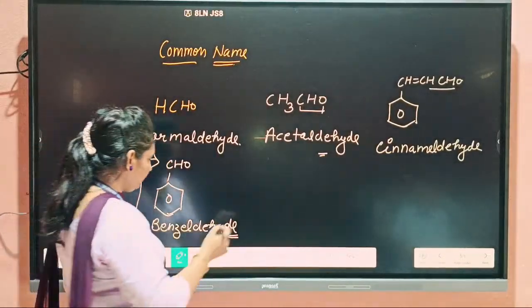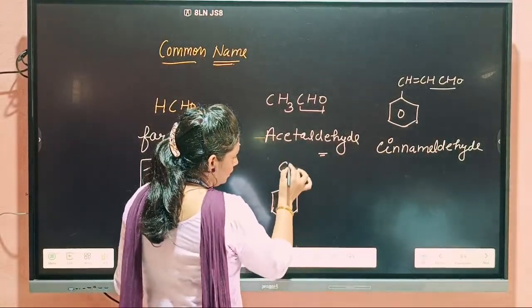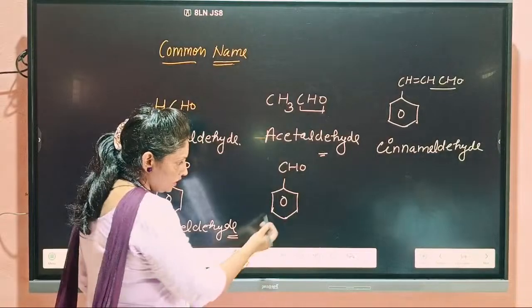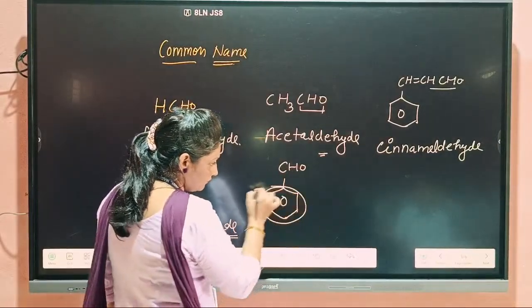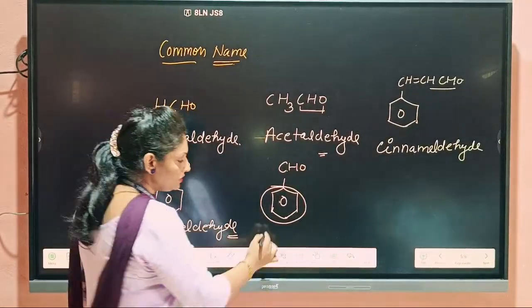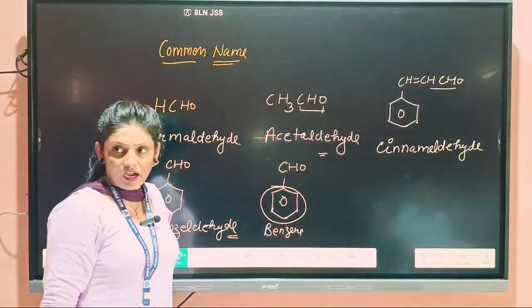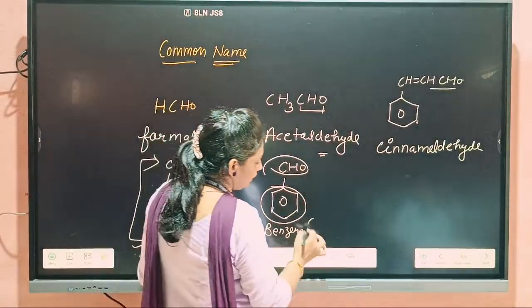Sometimes we can write in this way. This is benzene. If I do not include this in the ring, then benzene carbaldehyde. This is benzene and 4-CHO, carbaldehyde.